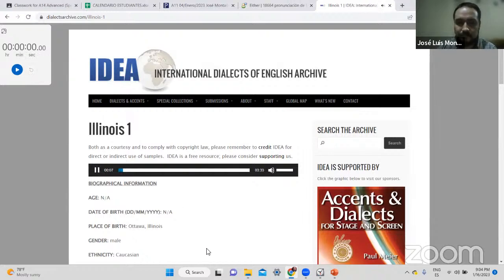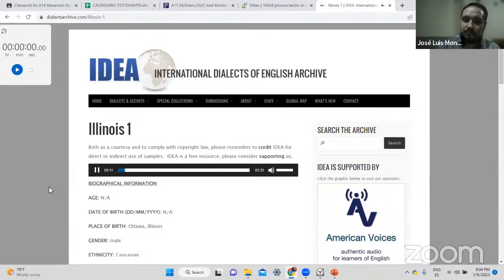Light strikes raindrops in the air. They act as a... This recording, Illinois 1, is copyright the International Dialects of English Archive. When the sunlight strikes raindrops in the air, they act as a prism and form a rainbow. The rainbow is a division of white light into many beautiful colors.